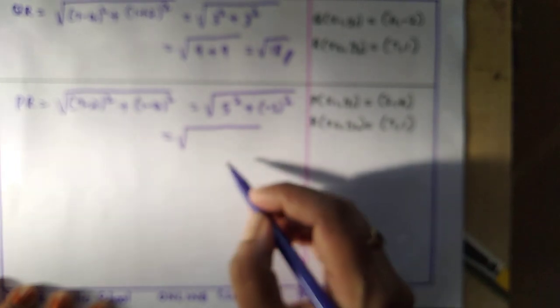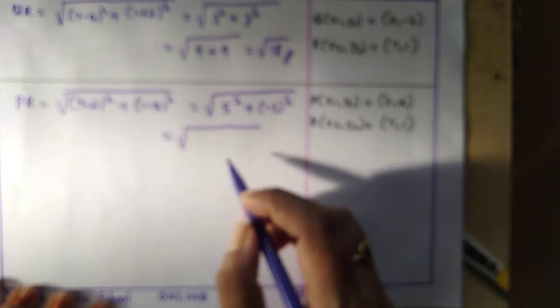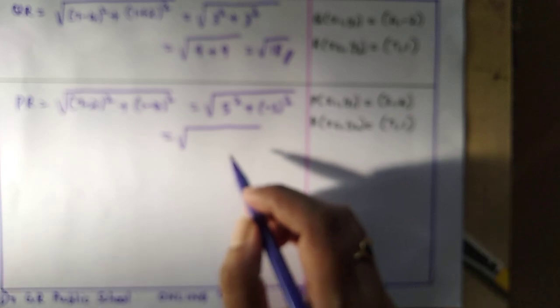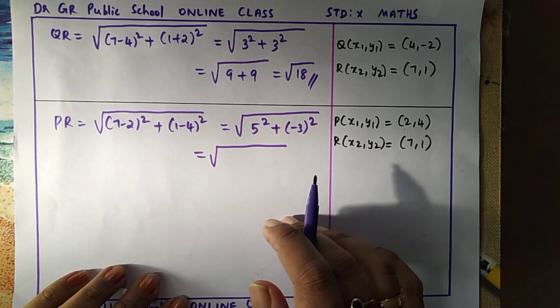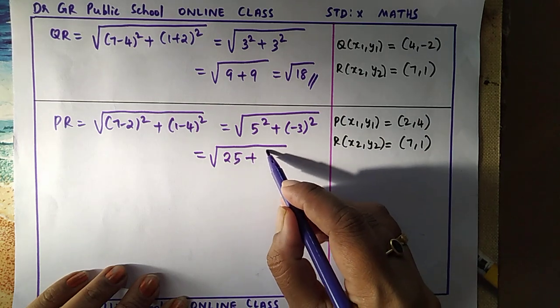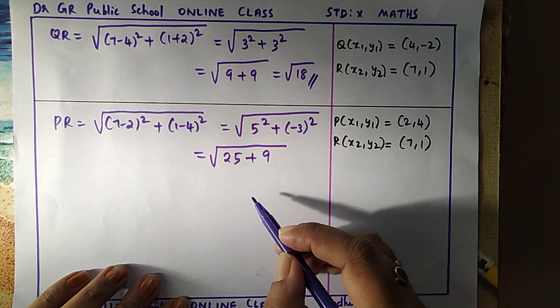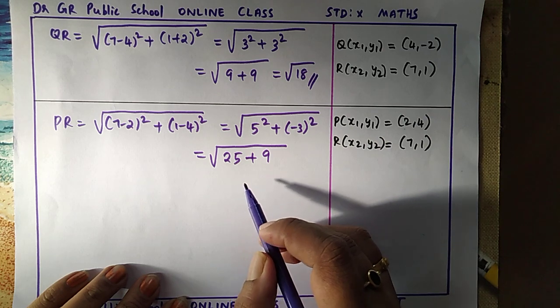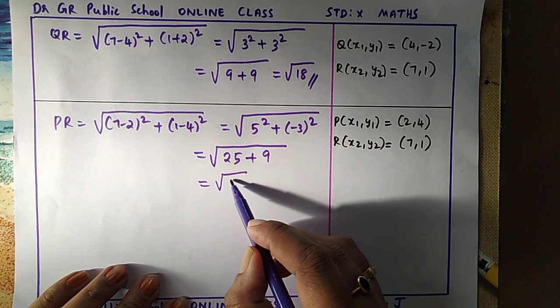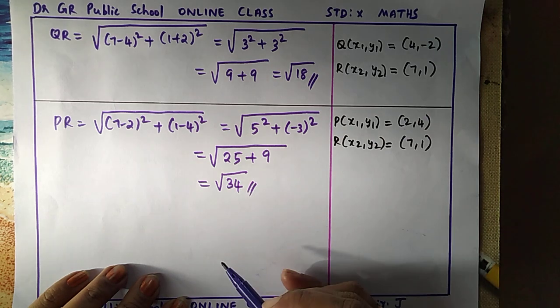What is 5 square? 25, plus minus 3 the whole square is 9. Therefore, you are getting 25 plus 9, that is 34. So your answer is 34.